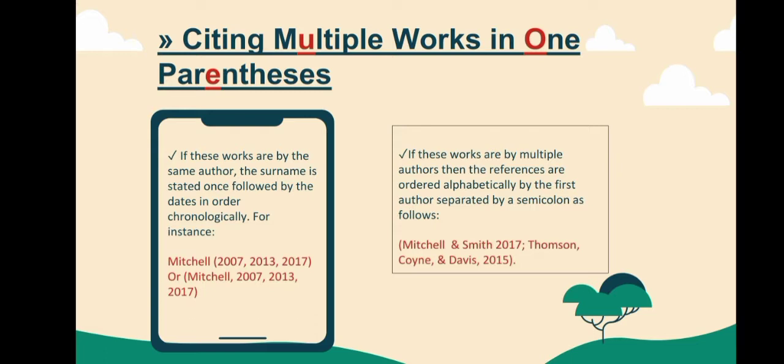If these works are by multiple authors, then the references are ordered alphabetically by the first author, separated by a semicolon, as follows: (Mitchell and Smith, 2017; Thompson, Coyne, and Davis, 2015).